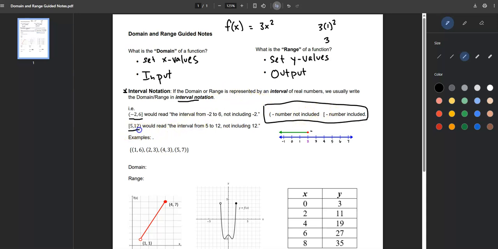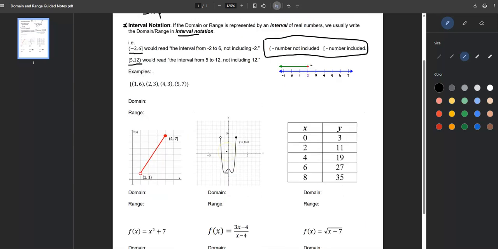So if I have bracket 5, comma 12, parentheses, this is the interval from 5 to 12, not including 12. Okay? All right. So that's great if I have this set of values that doesn't stop. So like these straight lines that you guys can see down here, that's awesome for that.